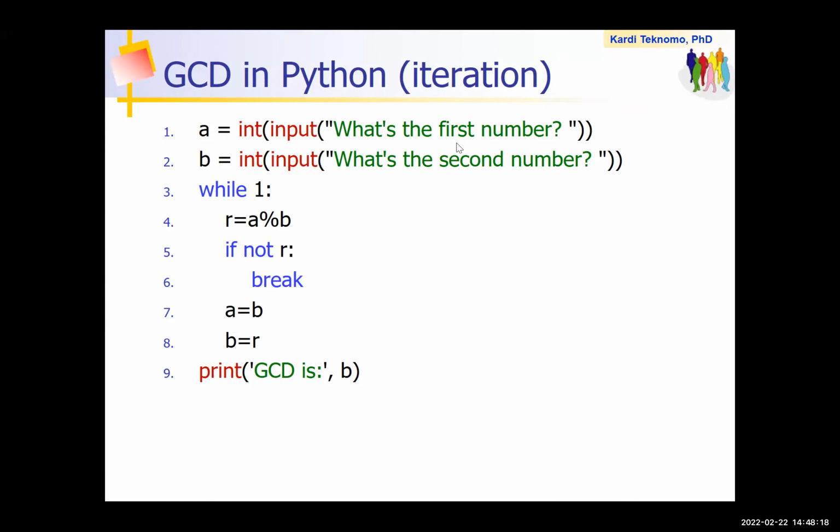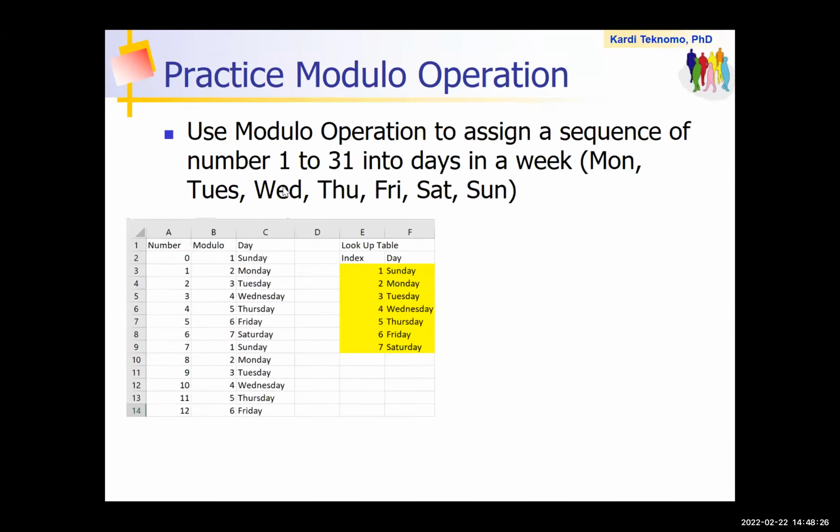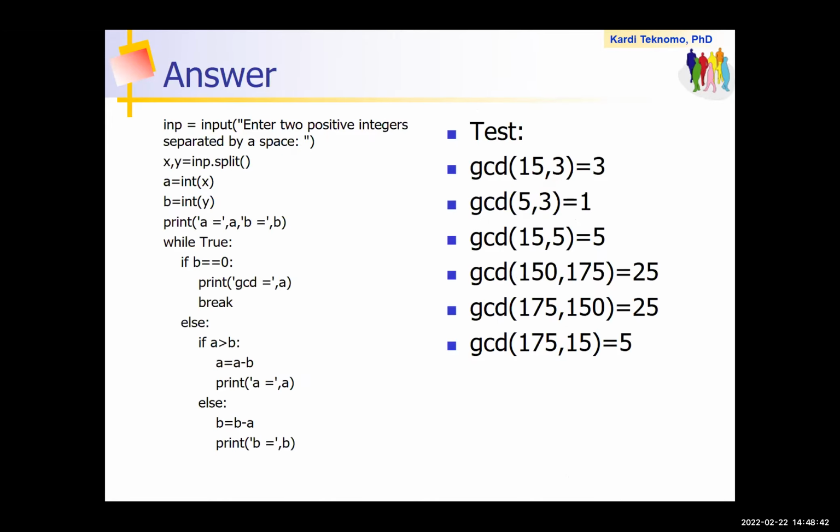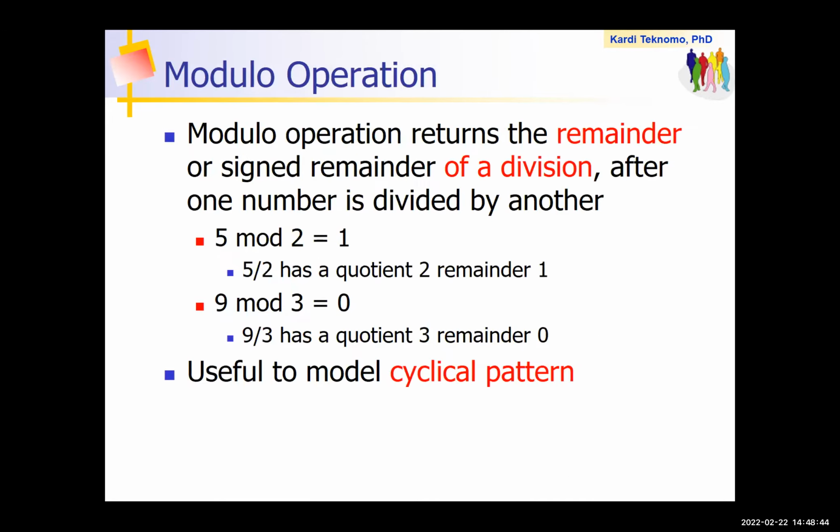Last meeting, including your assignment, is about greatest common divisor, right? So our algorithm is using this flow chart. If you use number theory, this flow chart can be put into another technique. In number theory based on mathematics, we can use modulus.